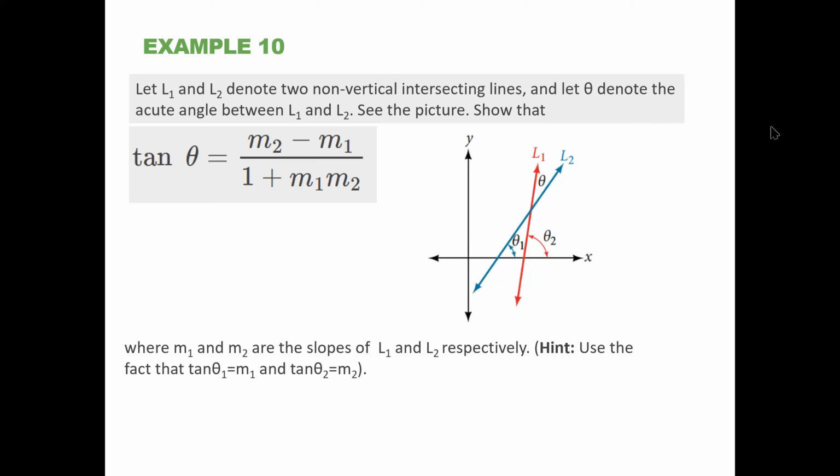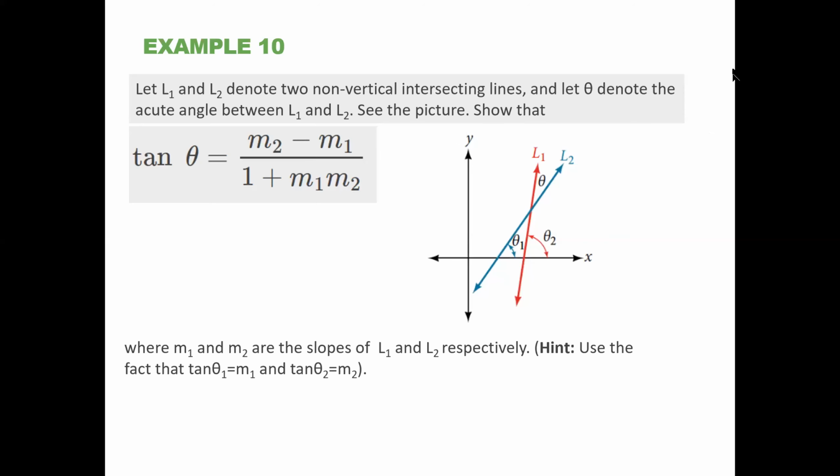And the last problem in this video is going to be example 10. This example is kind of different. It's not as straightforward as the examples that we've seen so far in this section. It reads, let L1 and L2 denote 2 non-vertical intersecting lines, and let theta denote the acute angle between L1 and L2.